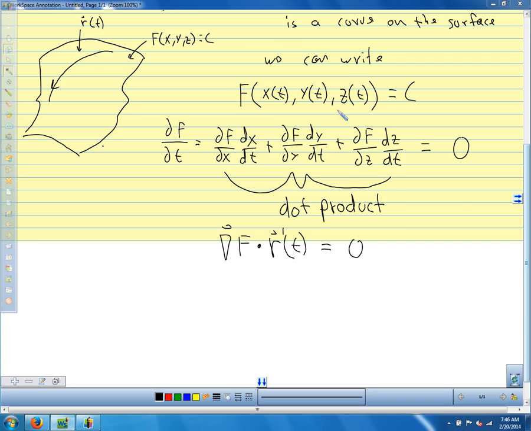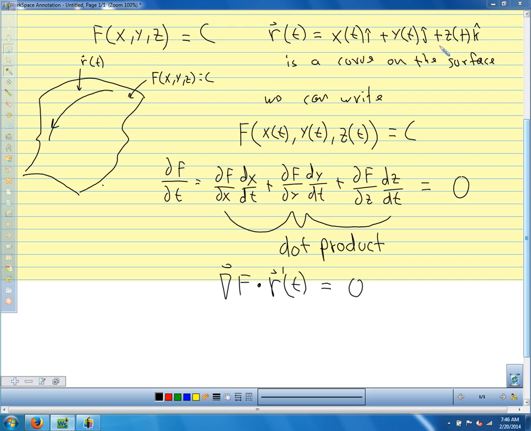Well, our position vector was an arbitrary curve on the surface. It doesn't matter where it is. So this tells us that the gradient is normal to any tangent vector on the surface.